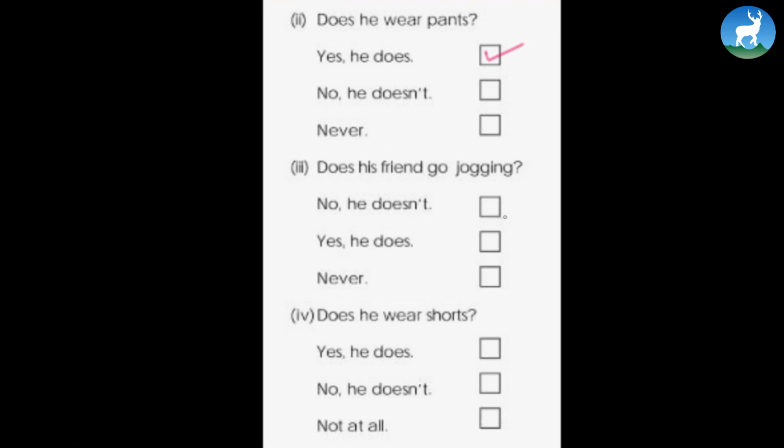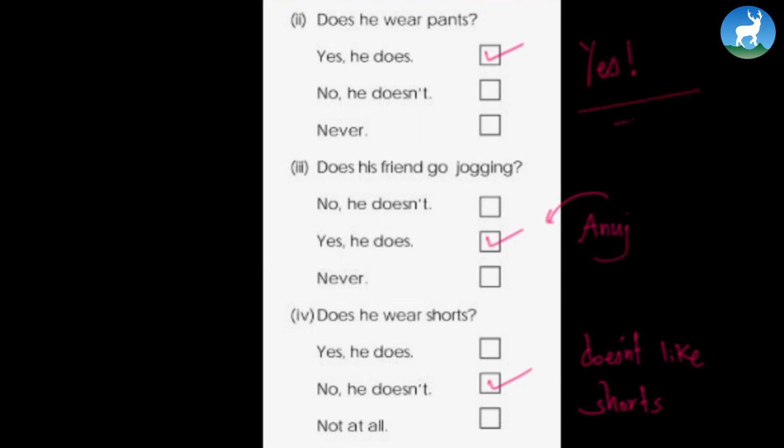Sure, because his friend Anuj also comes jogging with him. So yes, he does. Does he wear shorts? Nah, he doesn't, because he doesn't like shorts. Yes, he likes wearing pants mostly.